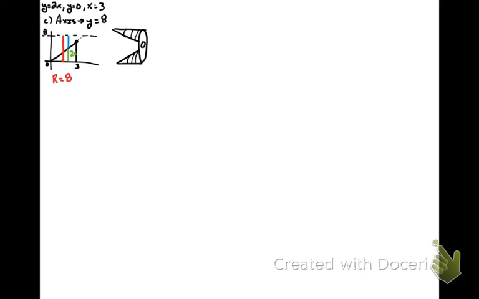We know the part in red is 8. So little r must be the whole thing, 8 minus the part 2x. So we've identified our large radius and our small radius, so we're ready to integrate.